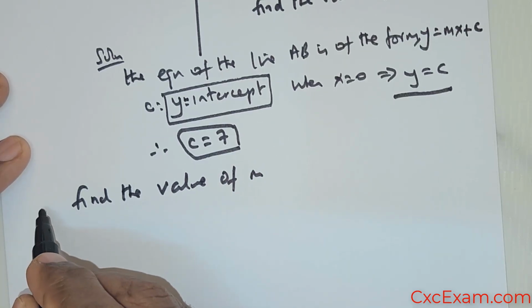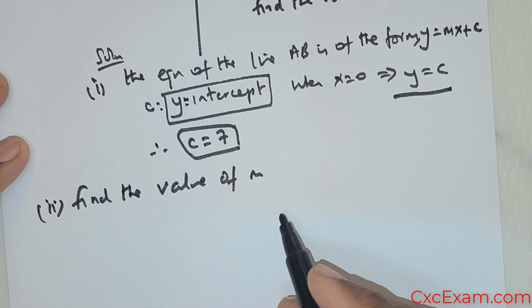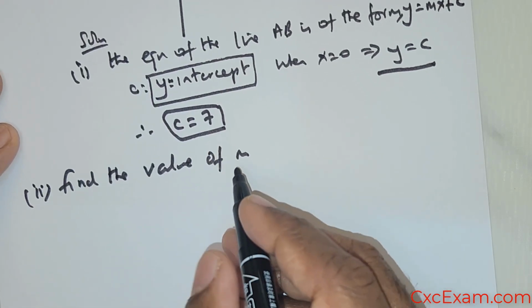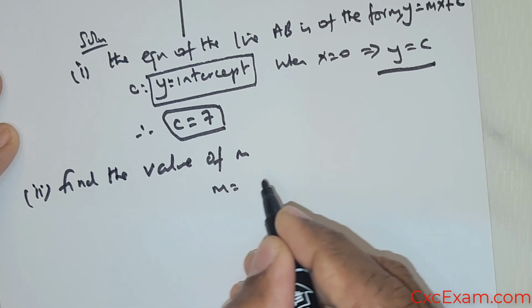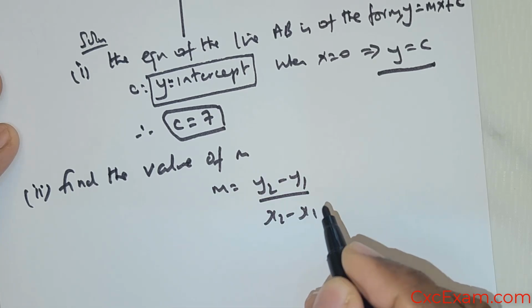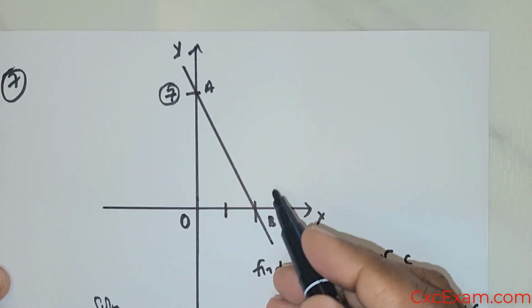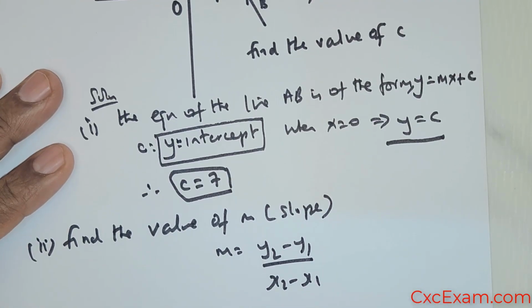This is question number 2. This is question 1. Now what is m? M is given by the formula y2 minus y1 over x2 minus x1, and we call m a slope.